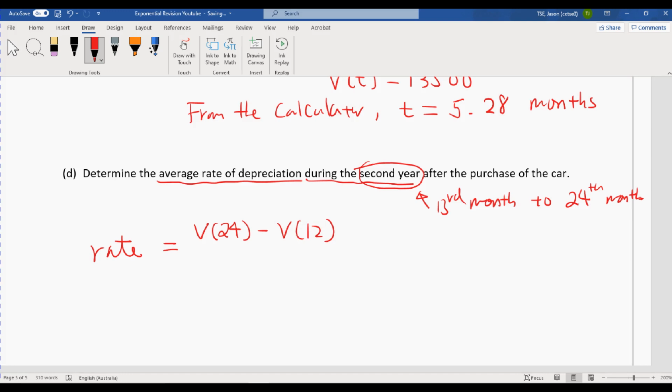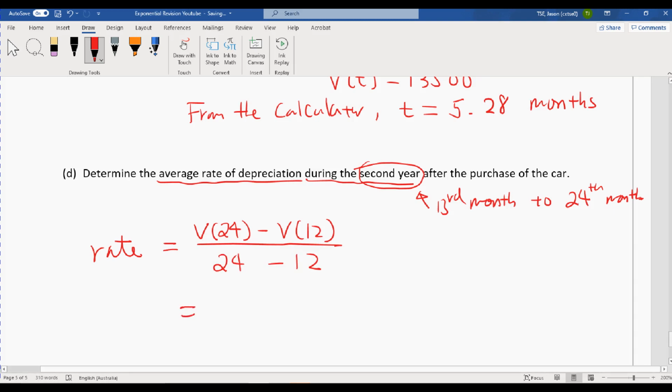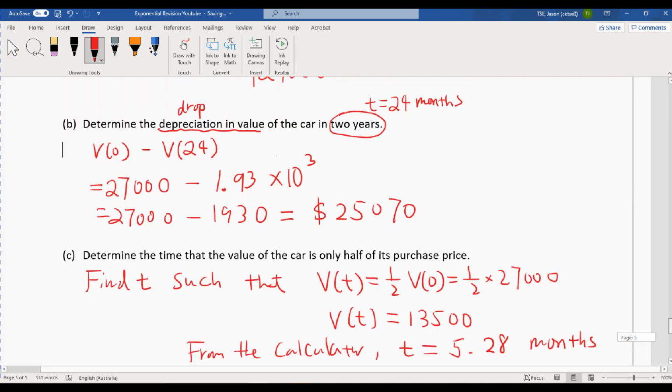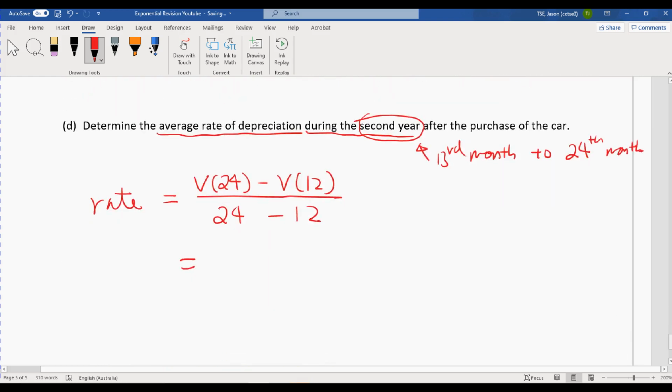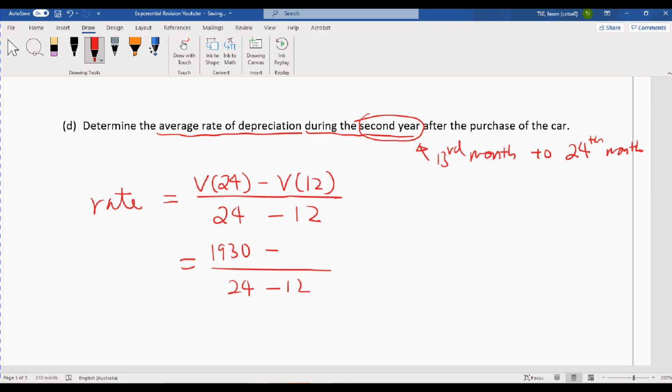So that's why you minus V12, and that's the average rate of depreciation. Then you need to find what we mean by V24. We've done that before. That's 1930, but we haven't got V12, right? So we need to go back to the calculator to get V12.